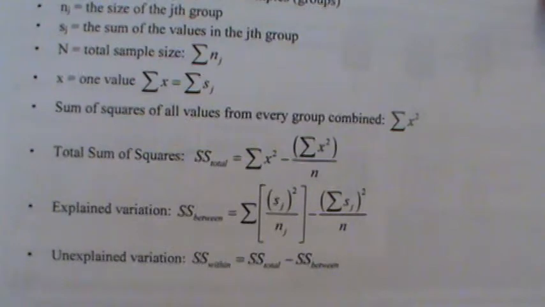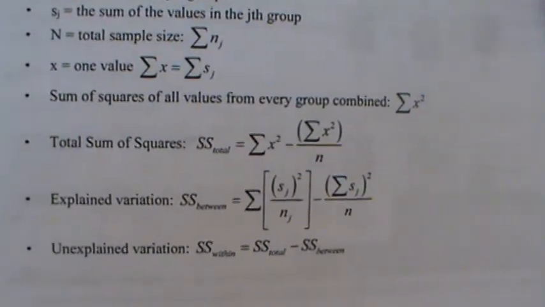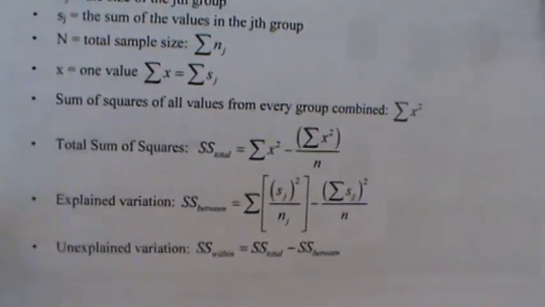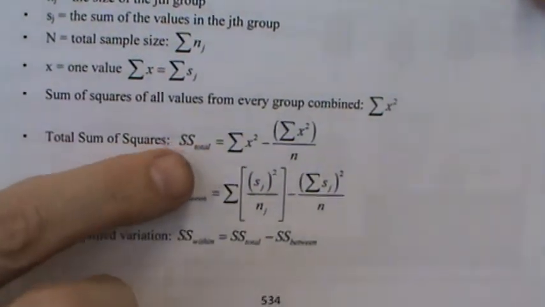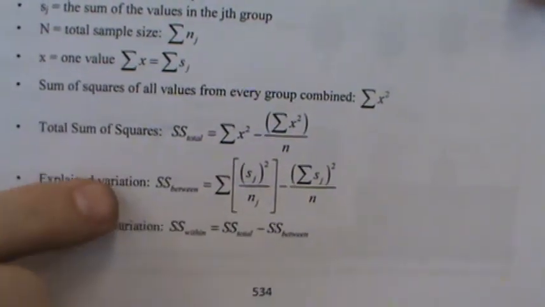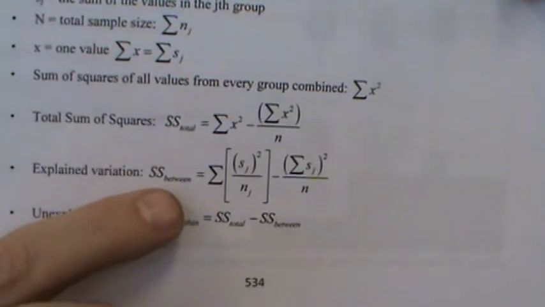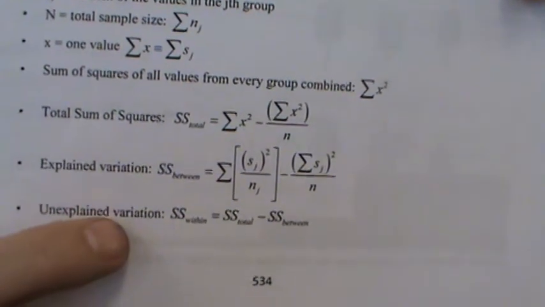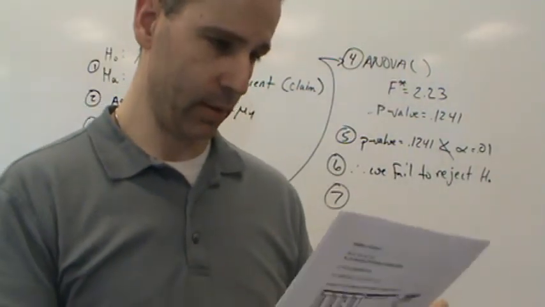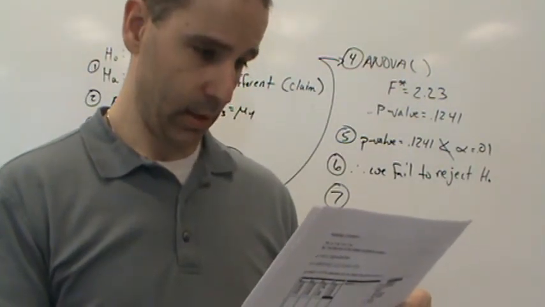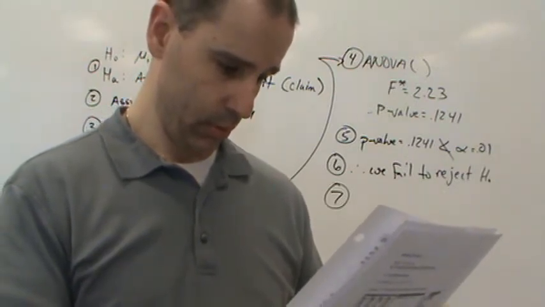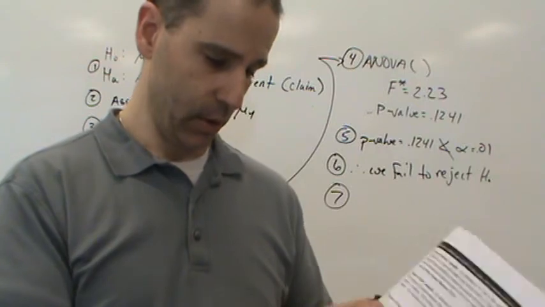It can be done, but again, you have your calculator. So SS total is your total sum of squares, then you have your explained variance and your unexplained variance.